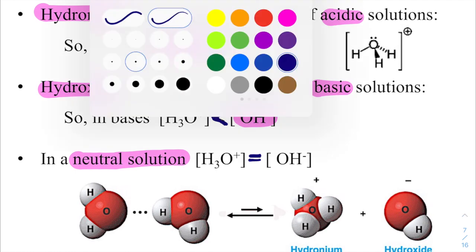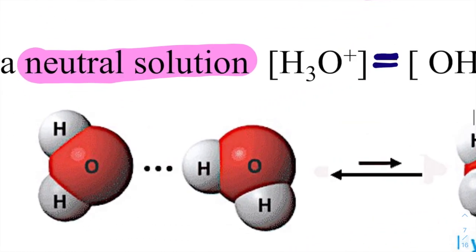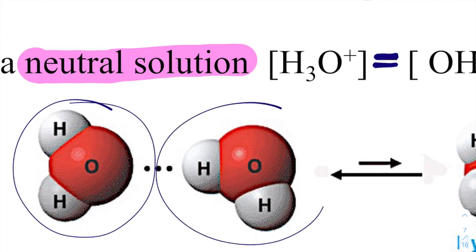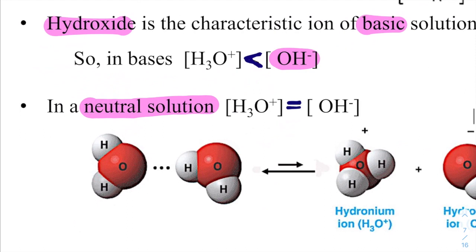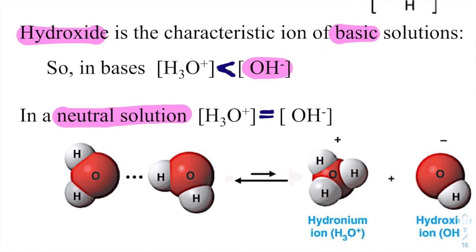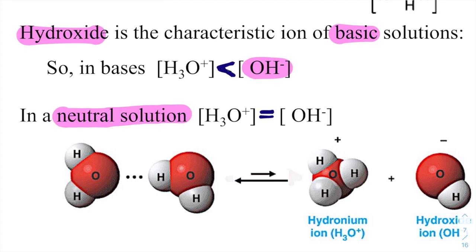What you see down here is a representation of pure water. If we had one water molecule and another water molecule, now you never have a sample of just two water molecules. If you had a glass of water, you'd have trillions upon trillions upon trillions of water molecules. However, if we have these two water molecules, a small portion of them will actually come into contact with each other, and we will transfer over an H plus.